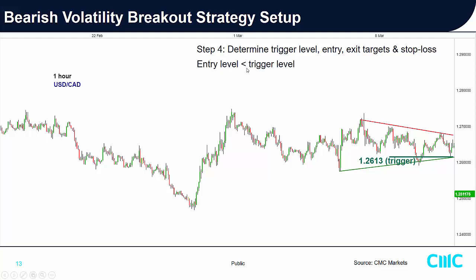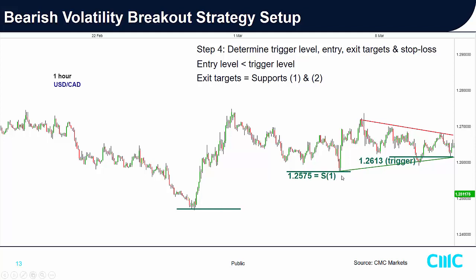All right, so entry level less than the trigger level, and two support levels, this will be my first support. The reason why I'm having two support levels, same with the one I have for the bullish volatility breakout where I have two resistance levels, is for us to take a bit of partial profit once hitting this first support and allowing the remaining position to ride to hit S2, which is the next swing low.